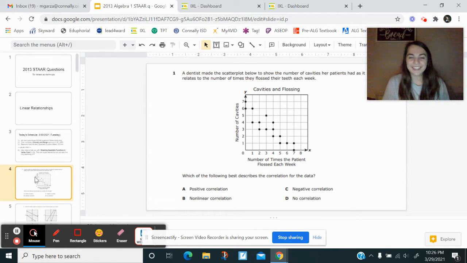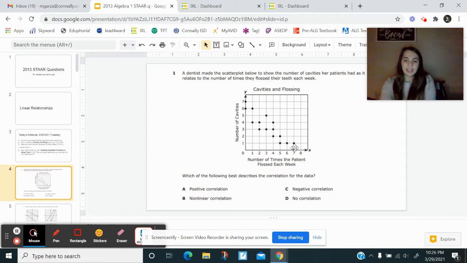So here's a scatter plot that is made from a bunch of dots, like data probably from some people. It looks like a lot of people had cavities when they did not floss very many times each week. And the number kind of goes in sort of a line saying that the more they floss each week, the less cavities they have. This trend is going this way, which if we put a line in the middle here, it would be called a trend line.